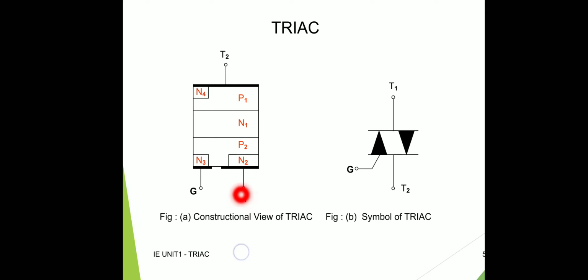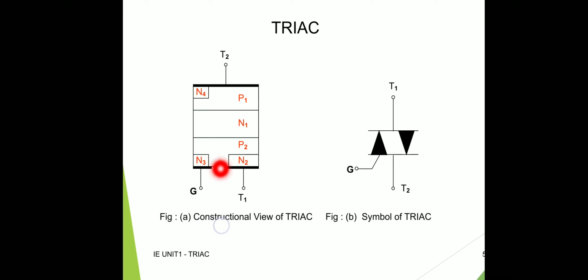If you observe once again, there are P1, N1 and P2. In P1 a small part is diffused with N-type semiconductor, the N4 region.